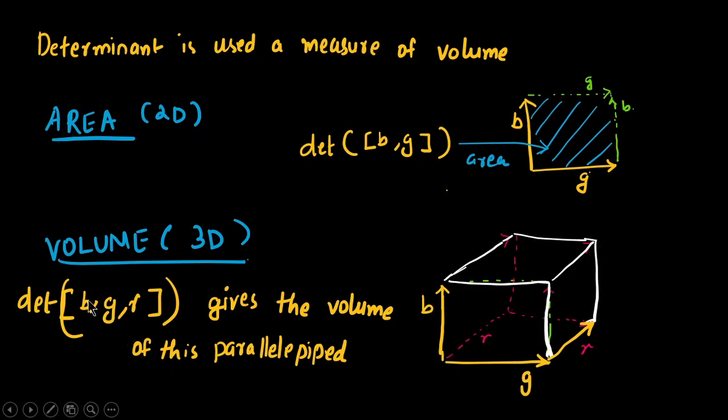Okay. So the determinant of BGR gives the volume of this shape. Okay. And this is the same for 4-dimensional, 5-dimensional, or any high dimensional space. This determinant will give you the volume of the shape.